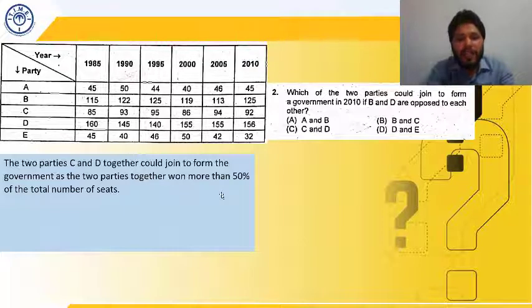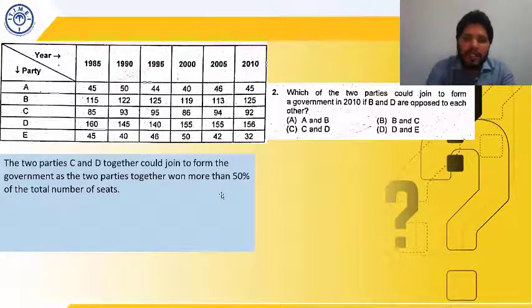Similarly, the sum of D and E will always be less than the sum of B and C, because B and C sum is going to be around 210, while D and E will be around 160 plus 30, somewhere close to 190. So D and E will not be the answer, A and B will not be the answer. The answer could be either B and C or C and D.